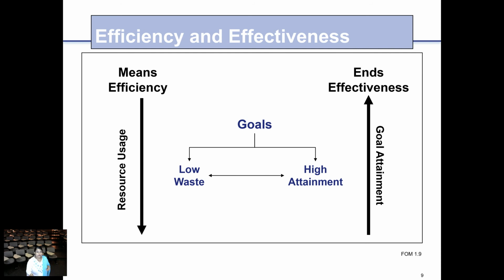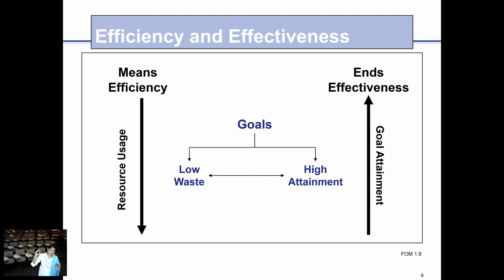The same thing can be explained through a diagram. Means is efficiency, and end is effectiveness. Means is where the process is followed, and end is goal attainment. Efficiency talks about low waste, effectiveness talks about high attainment, and means is the resource usage, which should be as little as possible.